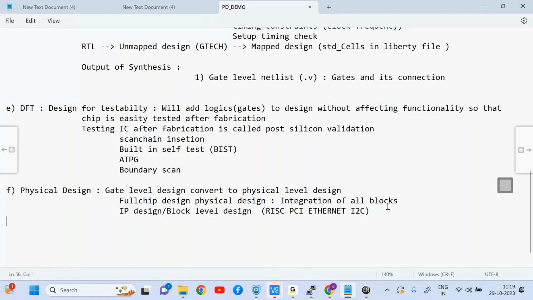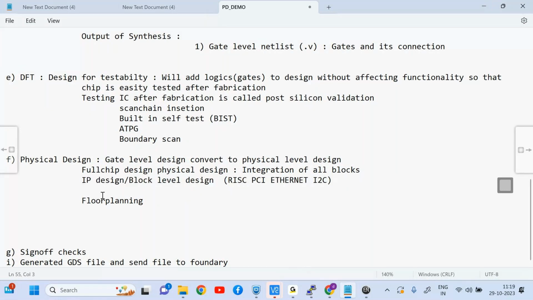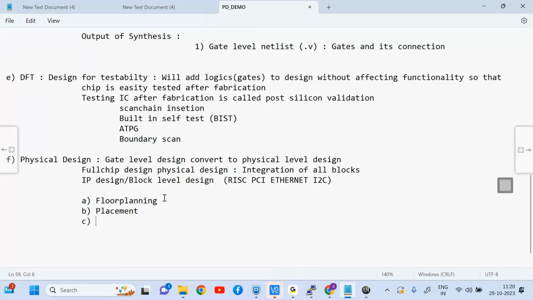The physical design of a block level design or IP design has these steps: floor planning, placement, CTS, which is clock tree synthesis, and routing.